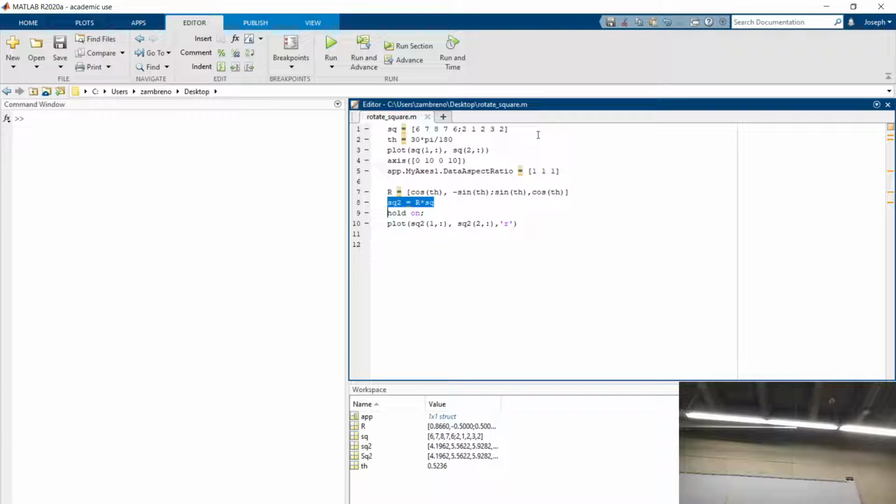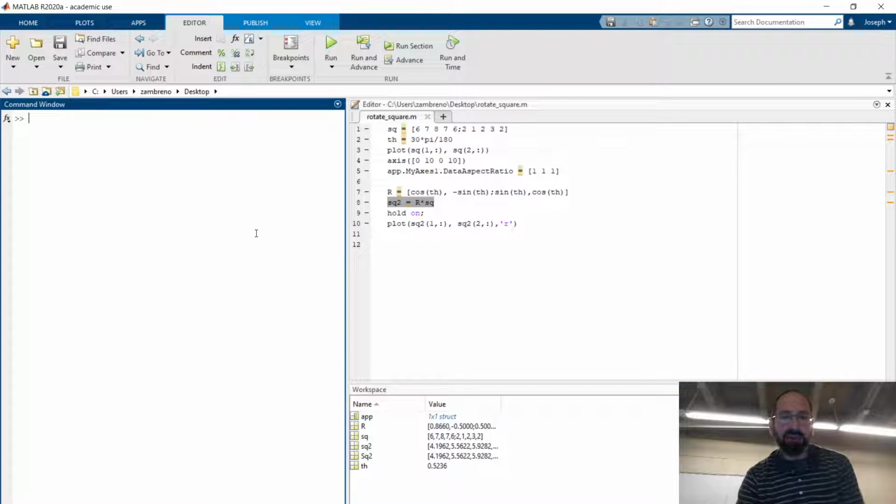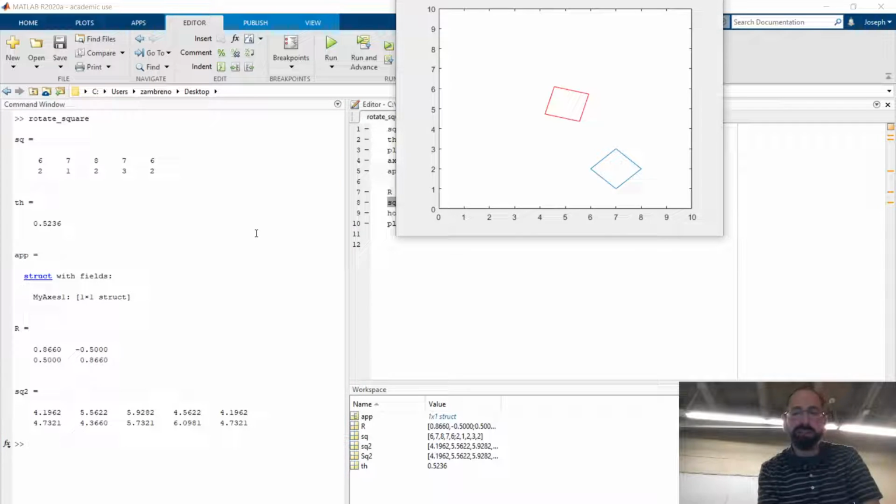We just do r times the square to get our rotated values for all of those points, and we plot that as well. So this was meant to be a paper and pencil exercise, but we're engineers, we don't need to do that. We can just write the code itself, and there's our rotated, reasonably square looking square.